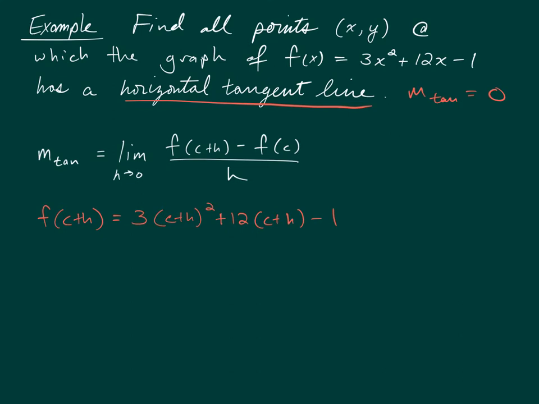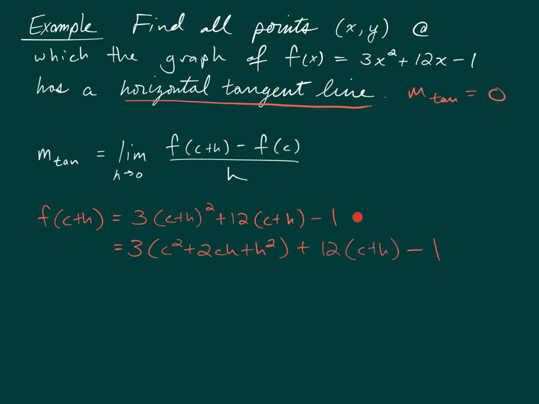Then all we have to do is some algebra. We'll have to square out this c plus h. That'll require some foiling, so that'll be c squared plus 2ch plus h squared plus 12 times c plus h minus 1.